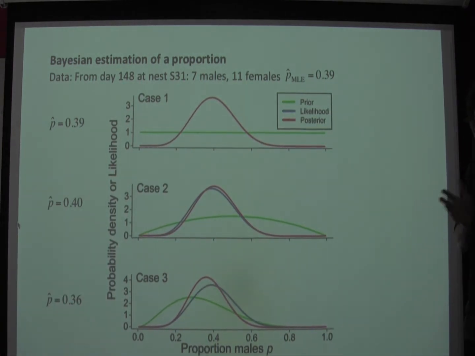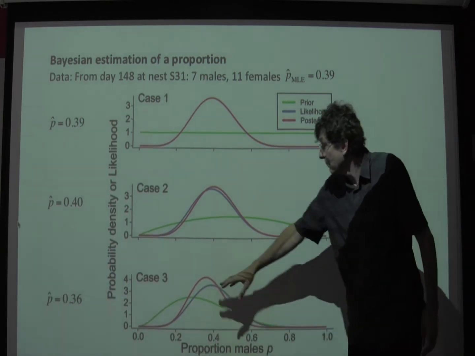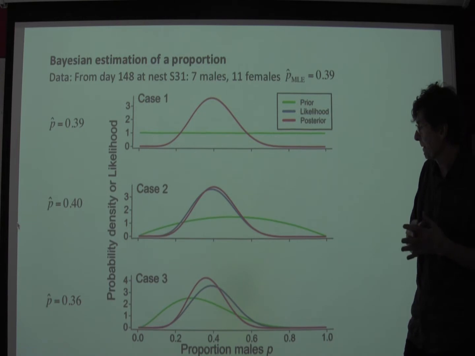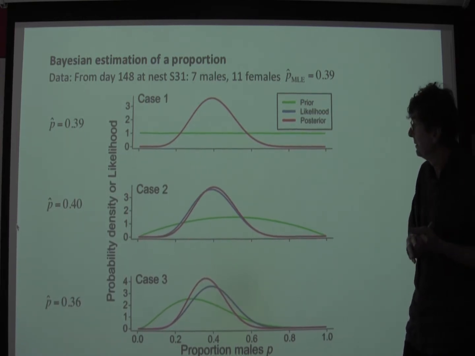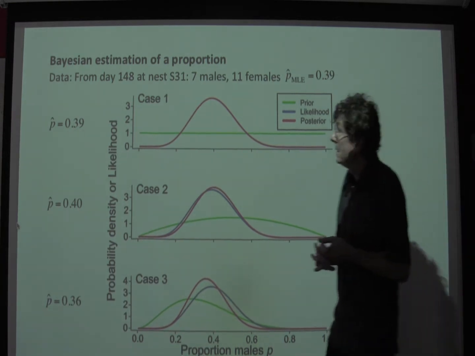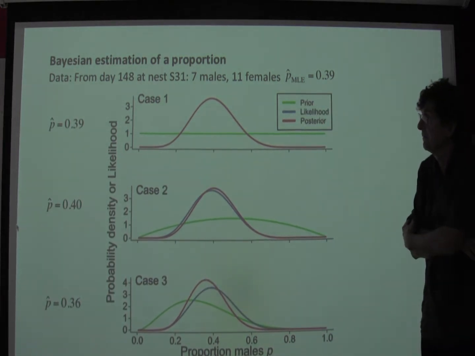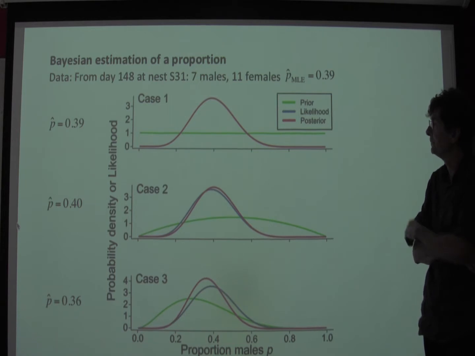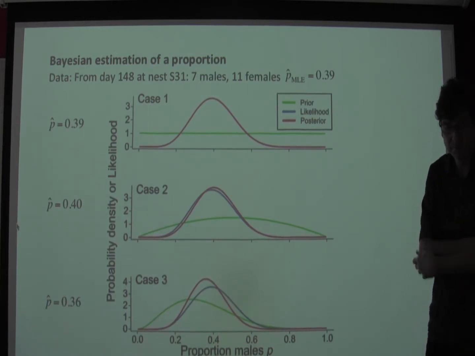Sort of a little bit closer to the prior than to the data, the more distinctive the prior is from the likelihood. And so these are the estimates of the proportion of males that we would get in each of those cases. They're a little bit different. They're not amazingly different in this case, but that's mainly because we're actually pretty close to 0.5.